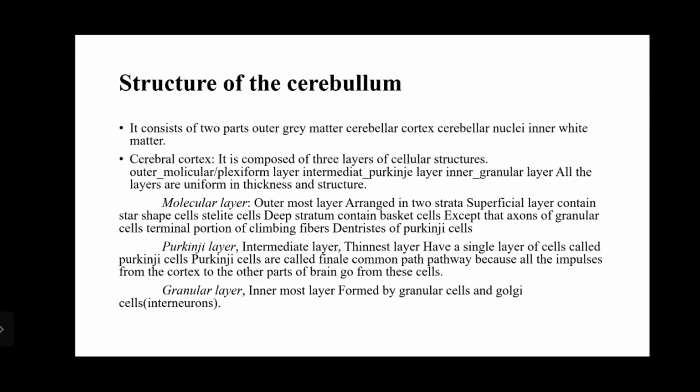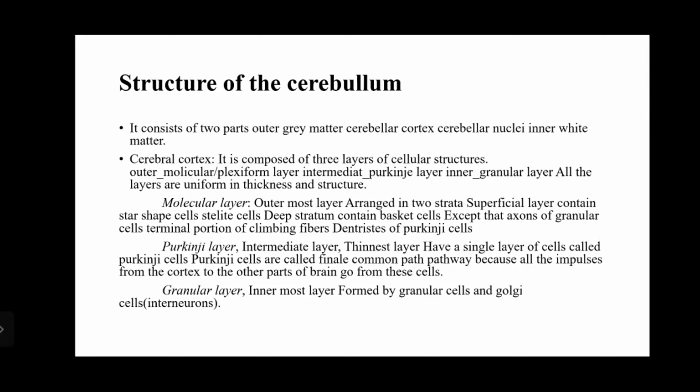They are called the final common pathway because all impulses from the cortex to other parts of the brain go to these cells. So this one carries the impulses which are being sent throughout the body. And lastly, we have the granular layer, which is the innermost and formed by the granular cells.